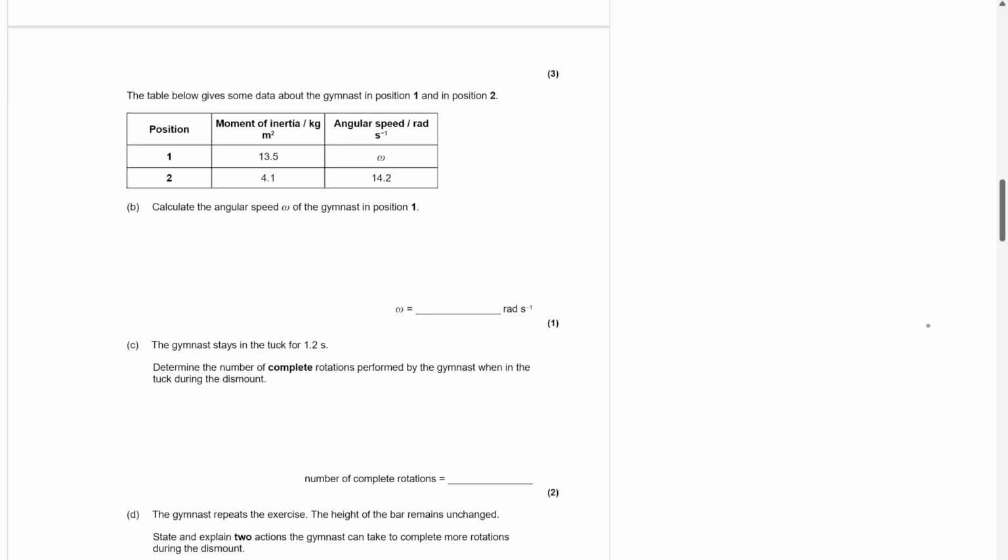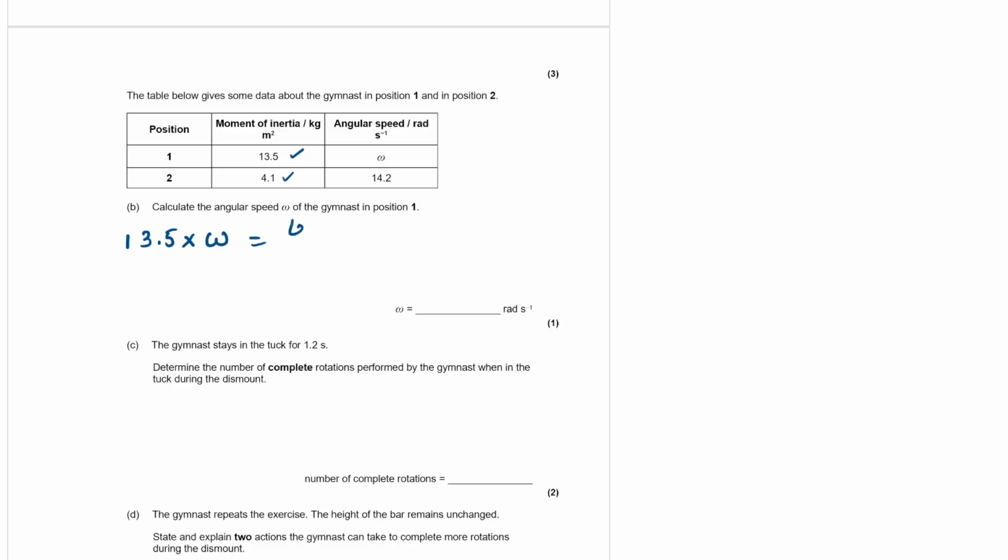Let's do the next one. Calculate the angular speed. So what's happening? I is 13.1, omega we don't know. In position 2, I is reduced, so omega increases. What's the angular speed? The product I omega should remain constant because angular momentum is not changing.